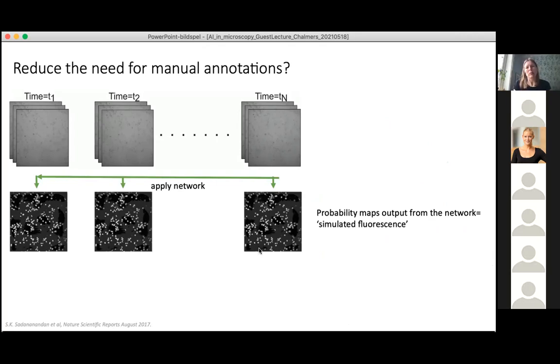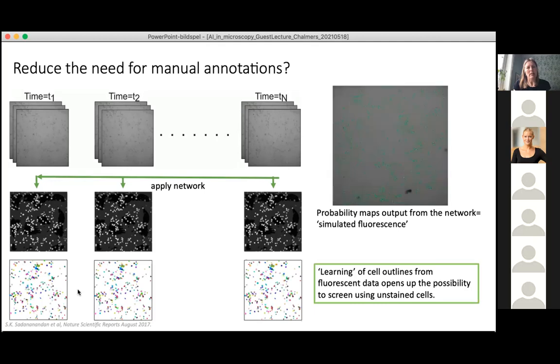So this almost looks like a simulated fluorescence image. And again, this image is much easier to segment than the one that we started out with. And we can now identify our individual cells and then track them over time. So we learn the cell outline from our fluorescence data.